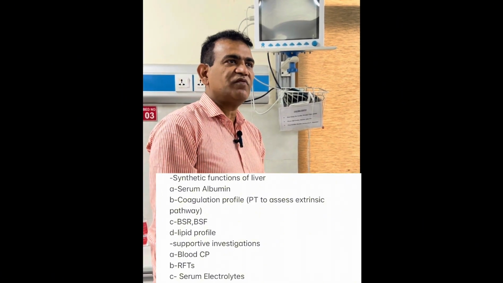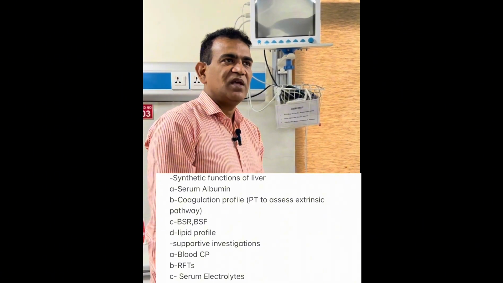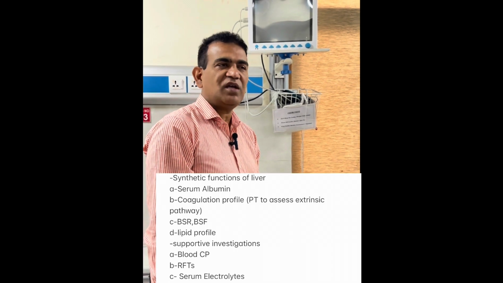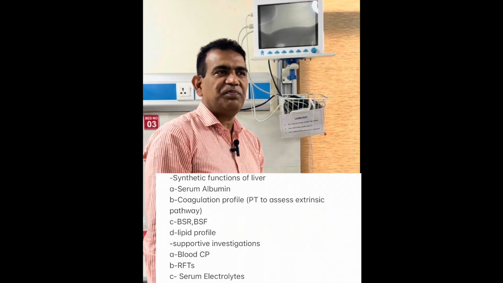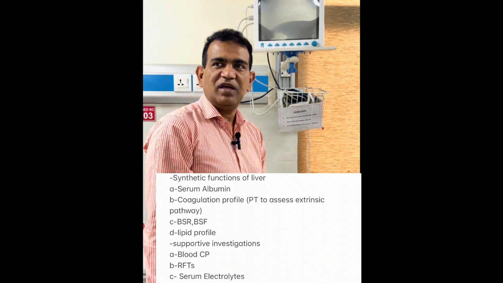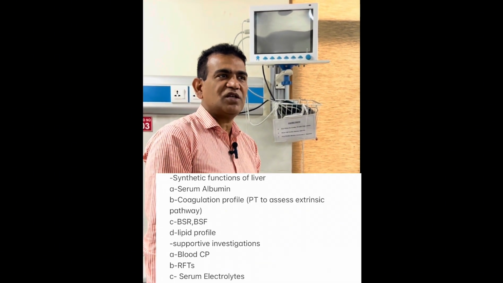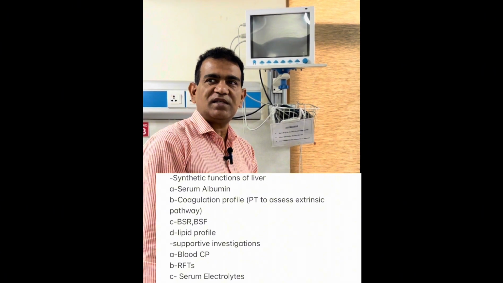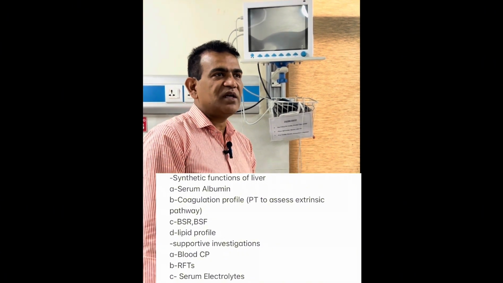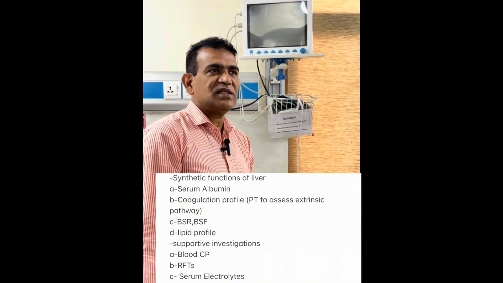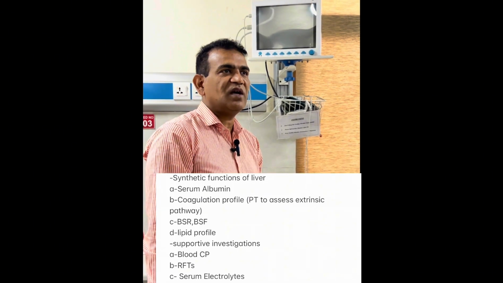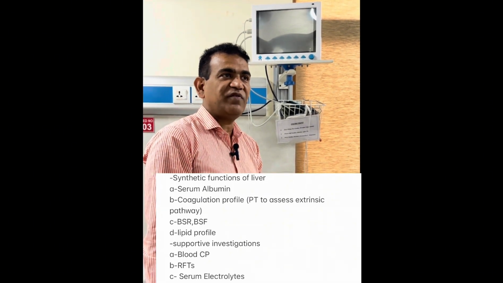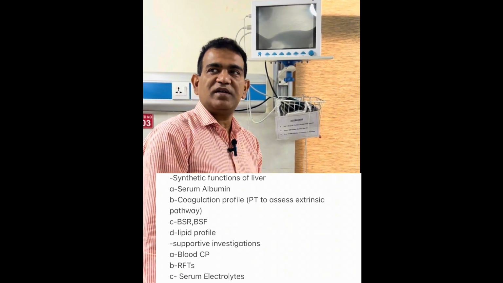So this is associated with the extrinsic pathway. The PT with extrinsic pathway you can remember with PET. And the next important investigations are to assess electrolytes and renal profiles, to assess any multi-organ disease associated with acute fulminant hepatic failure or chronic liver disease.